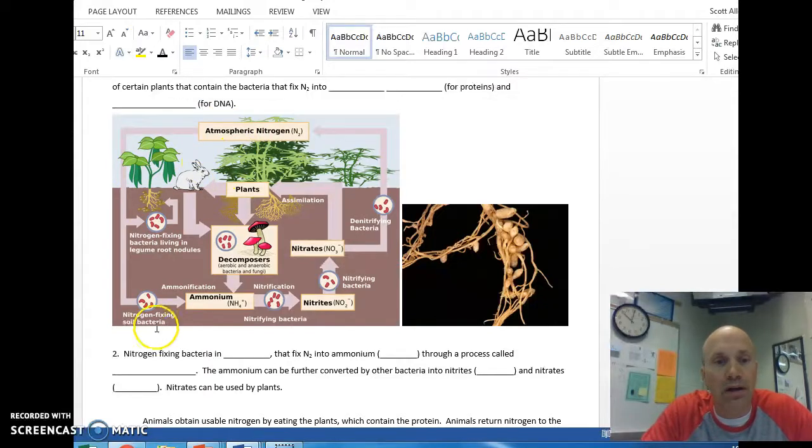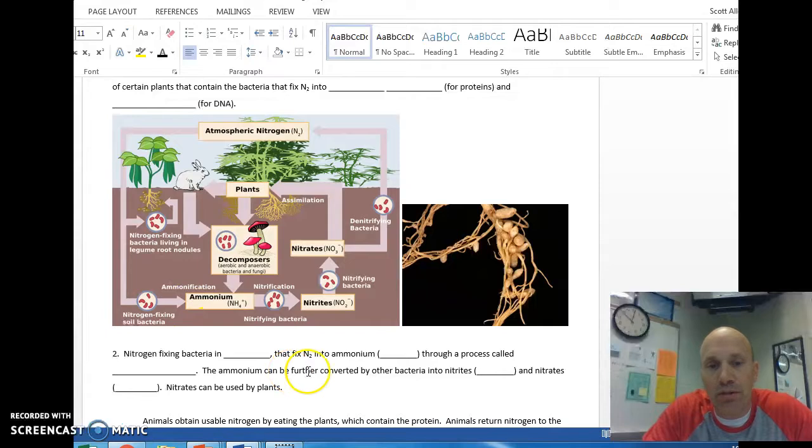Another way that nitrogen is fixed is by a different type of bacteria that just exists freely in the soil. So nitrogen fixing bacteria in soil fix it into ammonium. The chemical formula for ammonium is shown right here. It's NH4 with a little plus sign, through a process called ammonification, which is written right here.